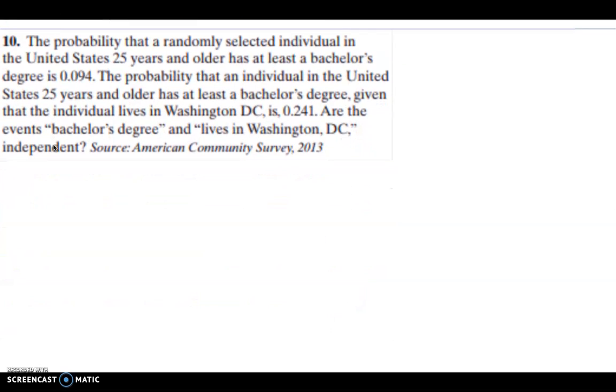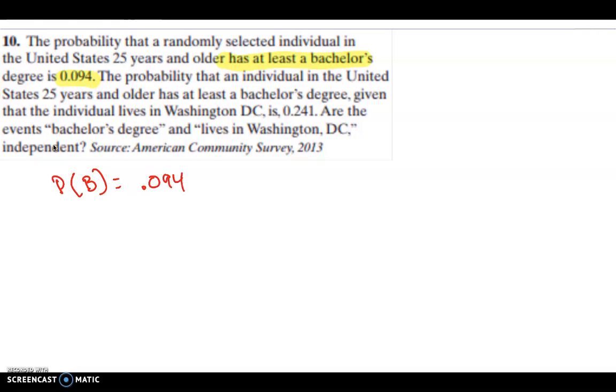Okay, so in this question number 10, we have the probability that a randomly selected individual in the United States 25 years and older has at least a bachelor's degree is 0.094. So we'll say the probability of a bachelor's is 0.094.